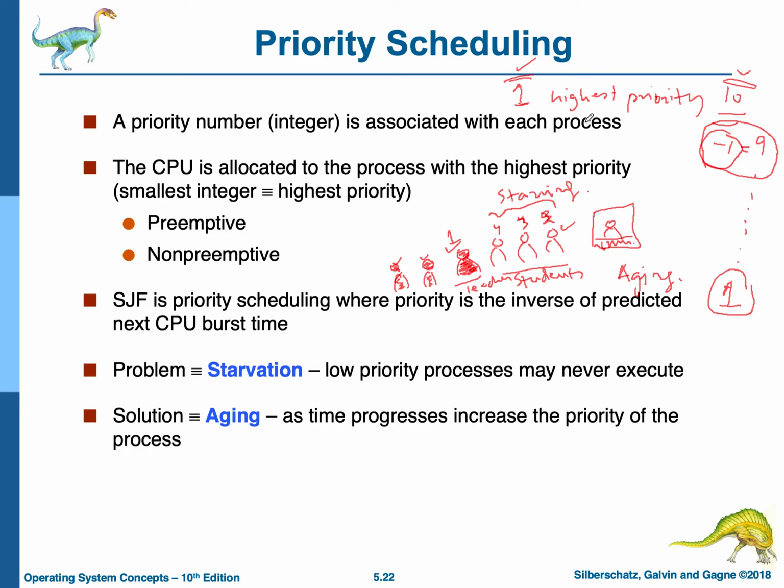But when we are programming, if you go into Java, then 1 is the lowest priority and 10 is the highest priority. Okay, so starving means when the lowest priority job has to wait forever, or maybe wait for longer, and aging is the solution to that, where they are promoted one by one by increasing their priority in every turn.